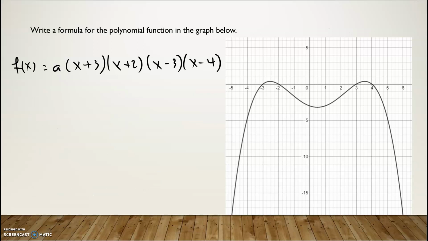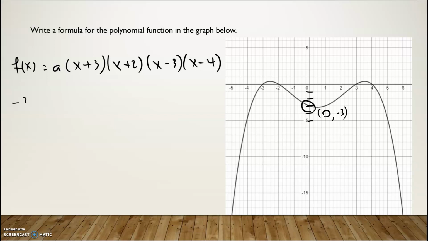Now we're going to pick a nice spot on the graph and plug it in and try to figure out what a is here. I'm going to use this point right here. And notice this is -1, -2, -3, -4, and -5. So this is 0, -3.